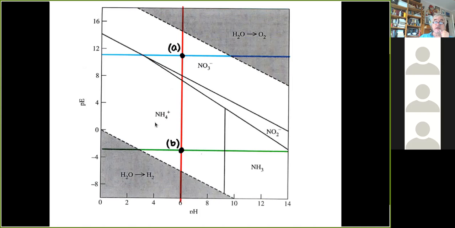Or at least an environment in the lower part of the water box here. The only way to come down into this lower part is that electrons are available quite freely from some other source. And I term that source just the environment.